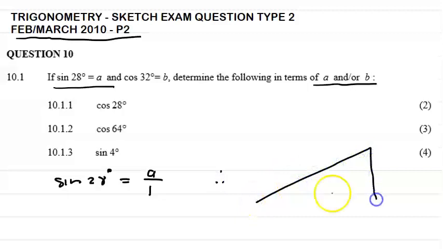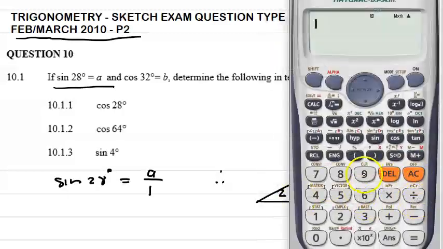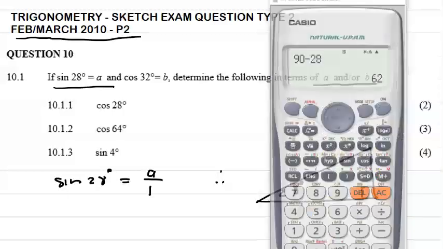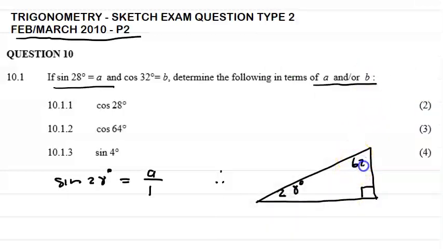Therefore, my right angle triangle is going to look as follows. So my reference angle is 28 degrees. Now remember that we'll complete the triangle. So the complement of 28, 90 minus 28, equals 62 degrees. What is sine?